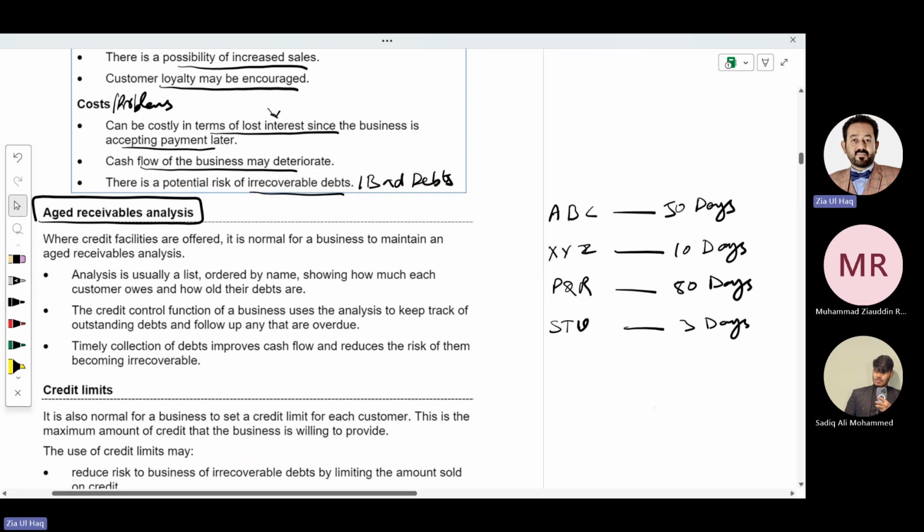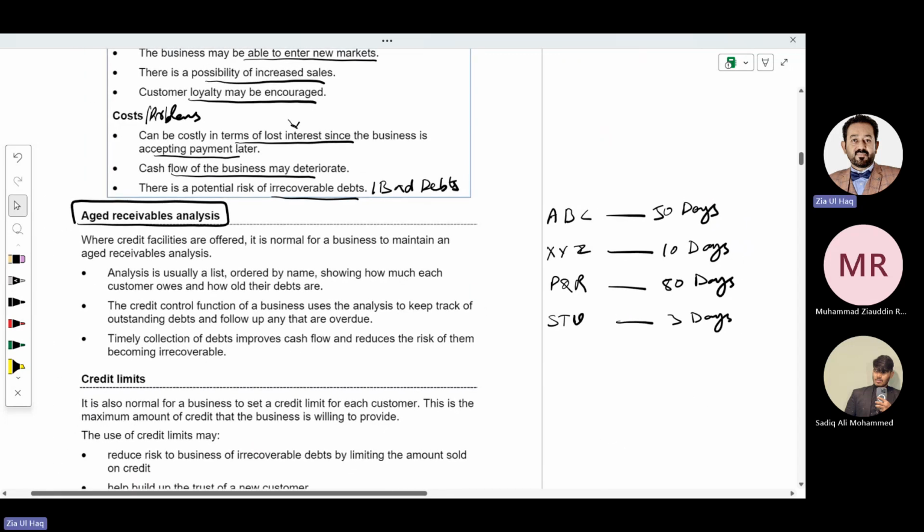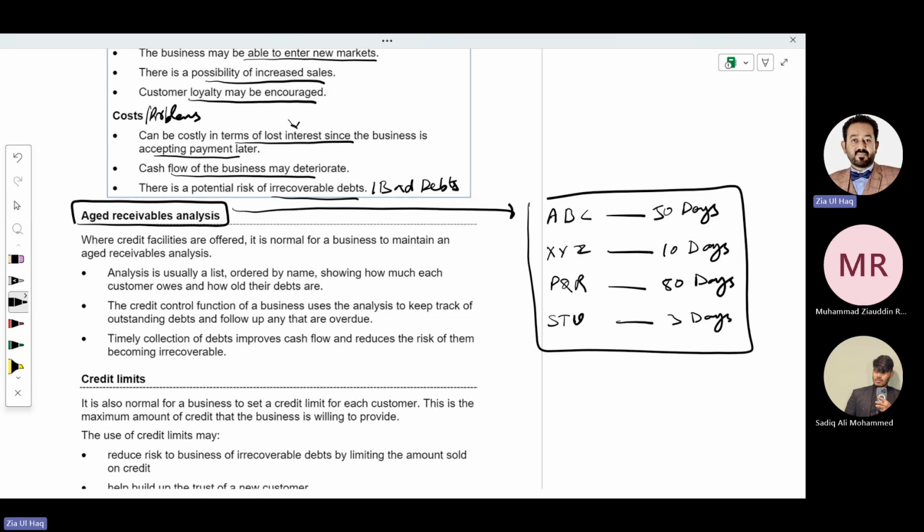If you are checking how long your customer has had a due balance, that is called aged analysis of receivable. You are checking the receivable age, how long they have had a due balance.